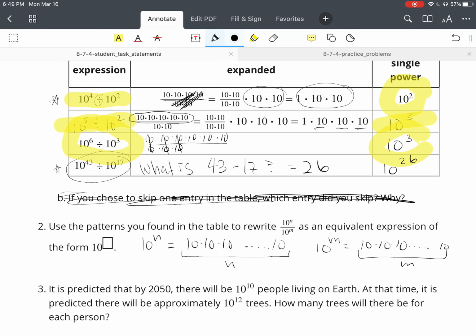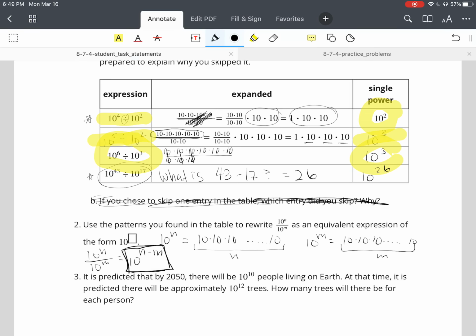And if you're dividing these, 10 to the n over 10 to the m, you end up subtracting the bottom number from the top number. And that is going to be the big takeaway for today, okay? You subtract the exponents when you divide.